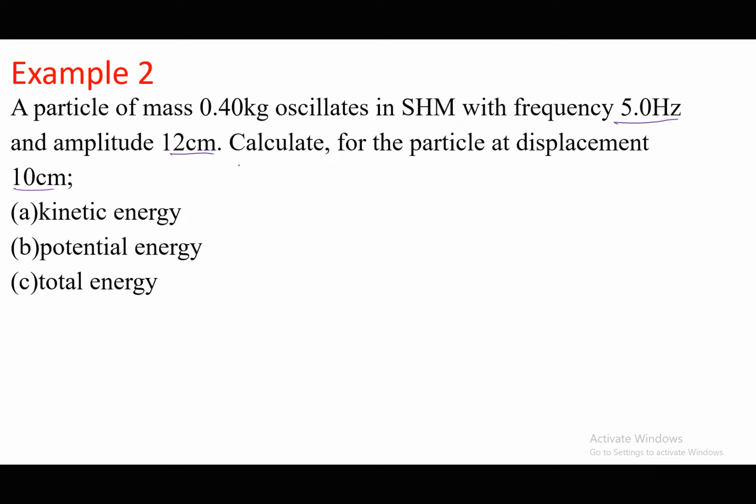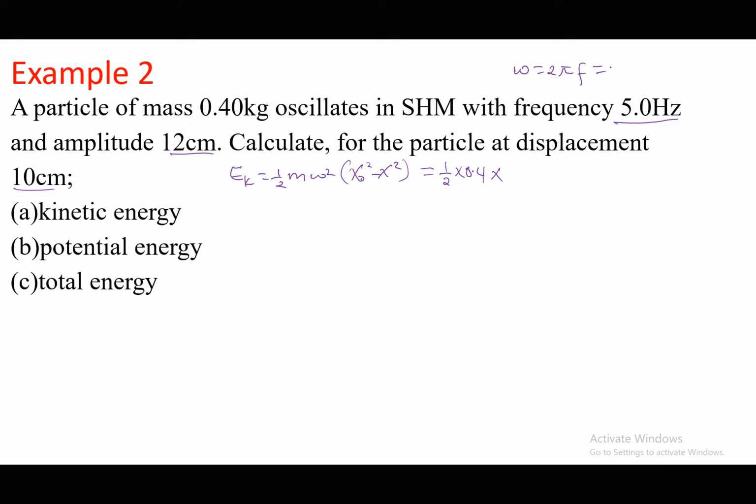Okay, so for kinetic energy, we know that kinetic energy is equal to a half m omega squared into x naught squared minus x squared. So I'm substituting: a half times the mass, which is 0.4, times omega. They've given us the frequency, so it means omega is equal to 2 pi times f.